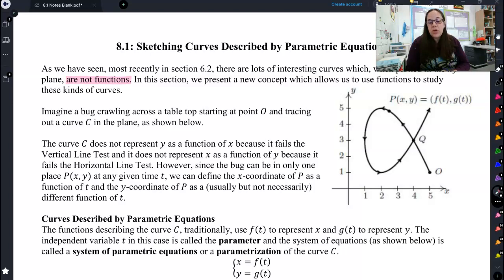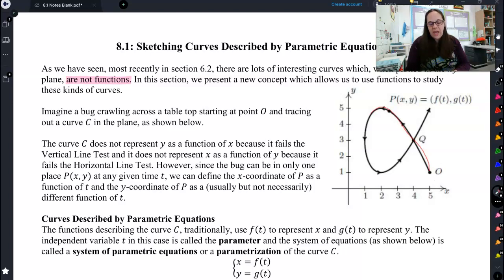That would give us two functions. We could call it f of t for the x-coordinate and g of t for the y-coordinate. And those would be functions because the bug is only at one place at one time. The bug can't be in two places at a single time.